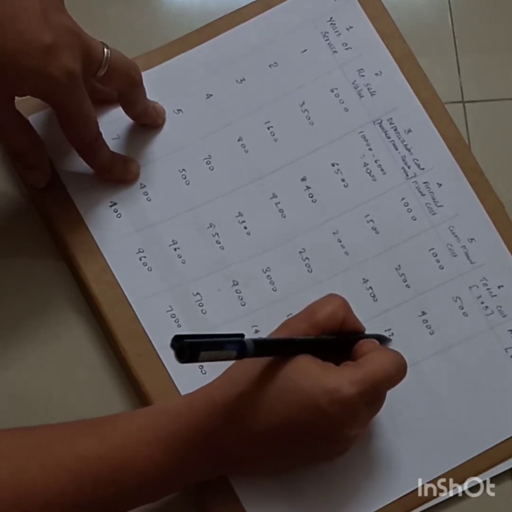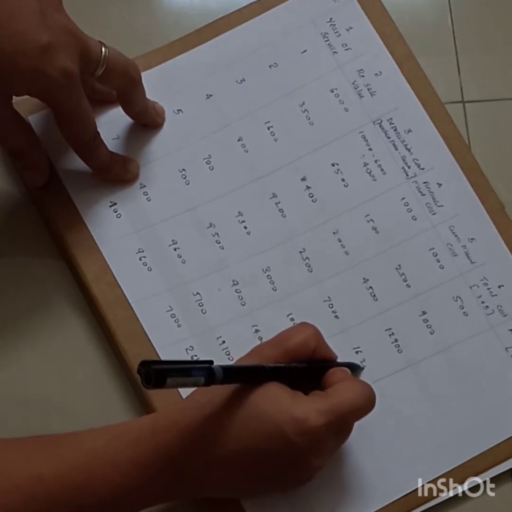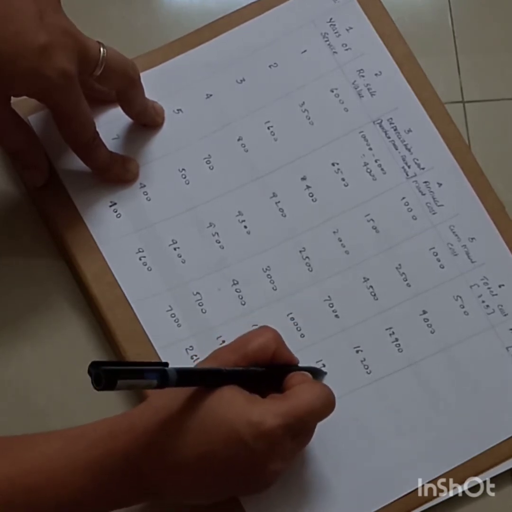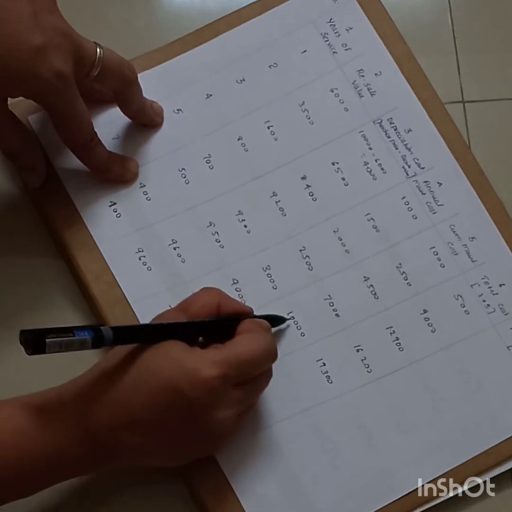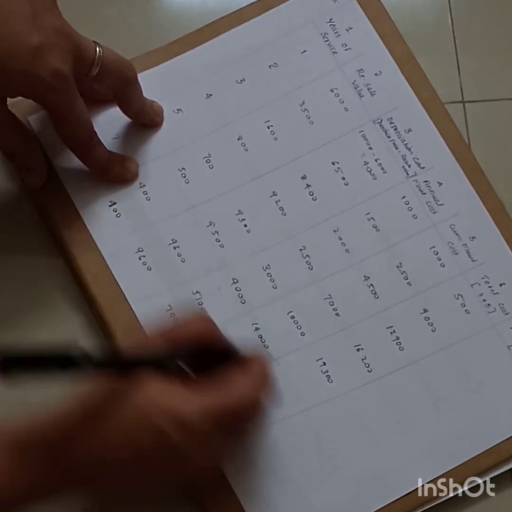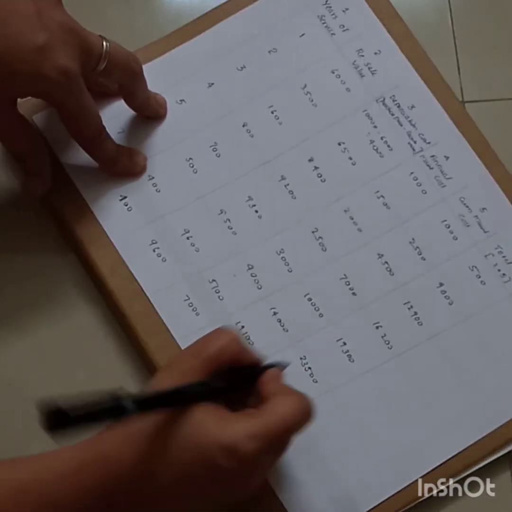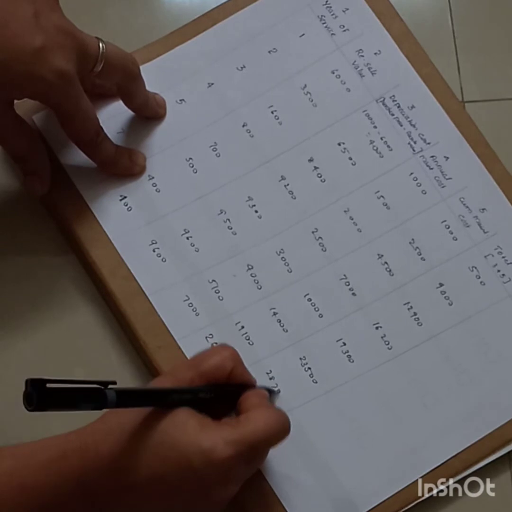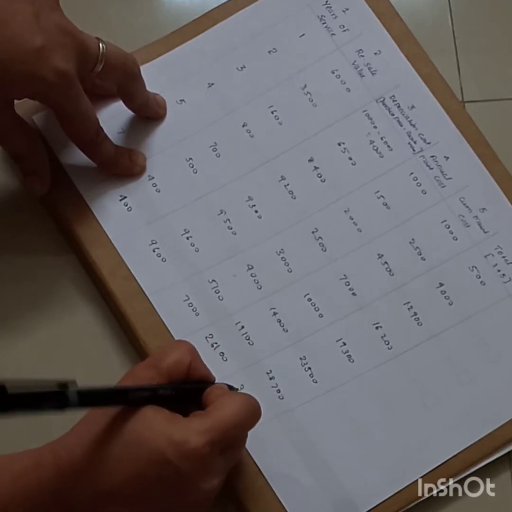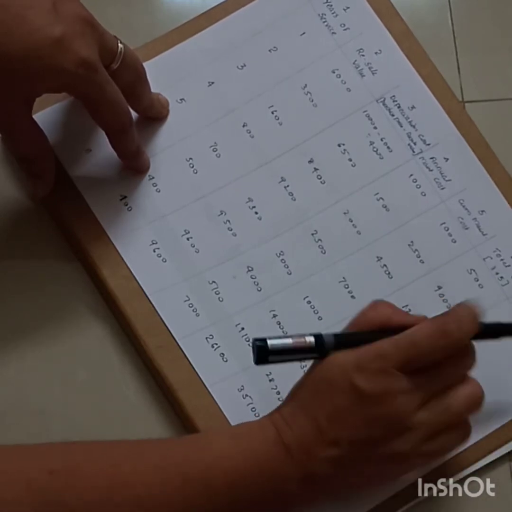Then 12,900, then 16,200, 19,300. How 19,300? 10,000 plus 9,300. Then 14,000 plus 9,500, you will get 23,500, 28,700, and finally 35,100.